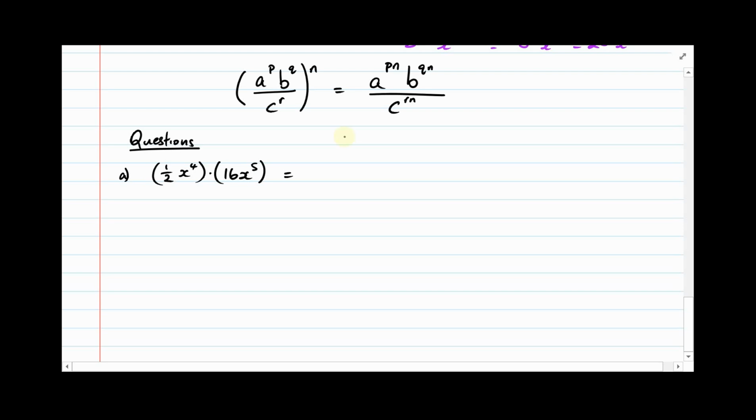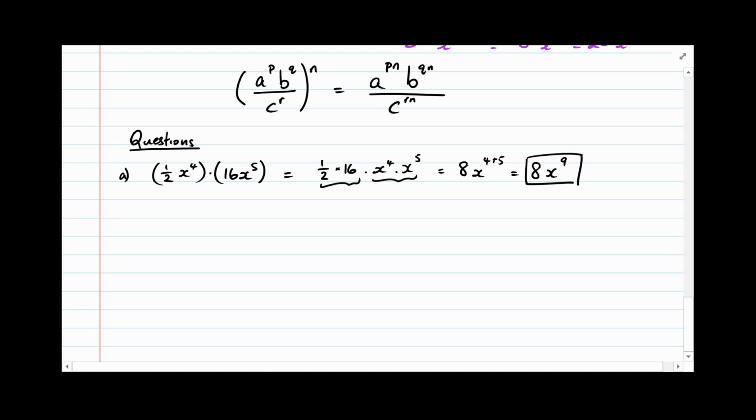Well, this is simply a multiplication, so we can rewrite and change the order. x to the 4th times x to the 5th. Regular multiplication of numbers, half of 16 is 8, and then x to the 4 plus 5, which is 9. So 8x to the 9th power is my final answer.